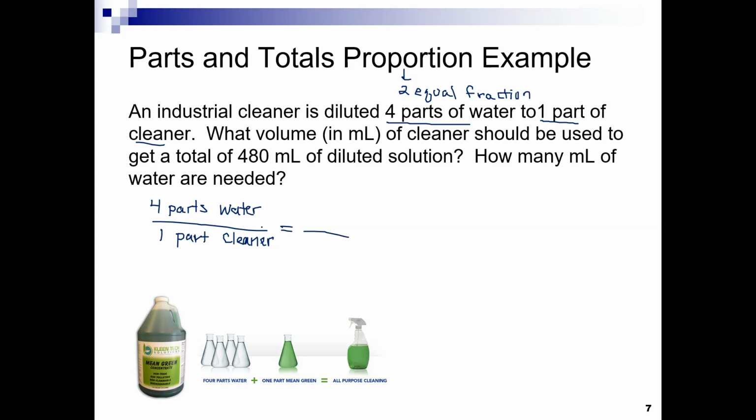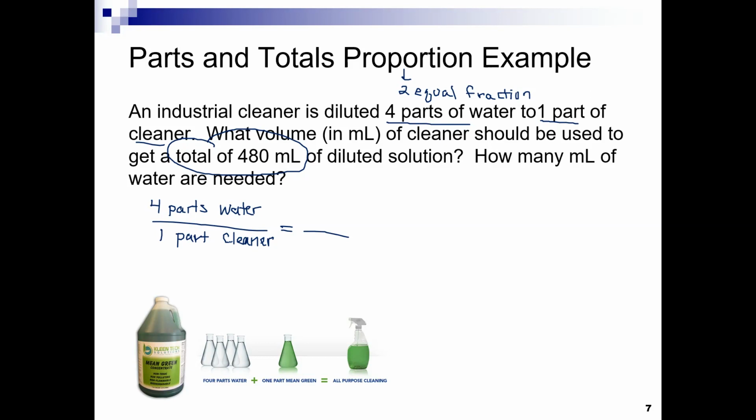corresponding locations. The challenge that I run into here is that in the next sentence, I am given a total that I'm circling here on my screen. Because it is a total, it can't go on the top because the top of my fraction represents water. And because it is a total, it can't go on the bottom because the bottom of my fraction represents cleaner.